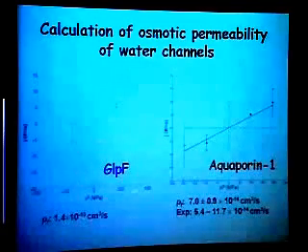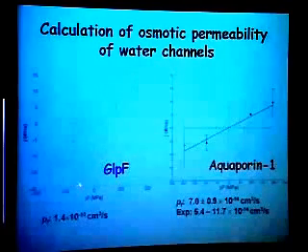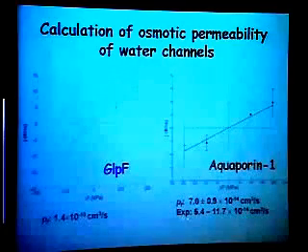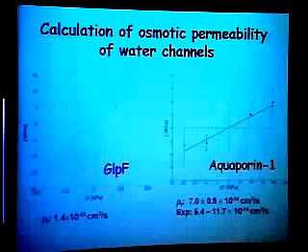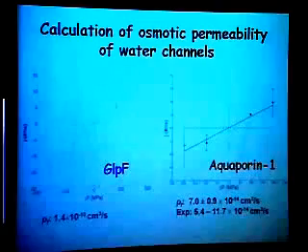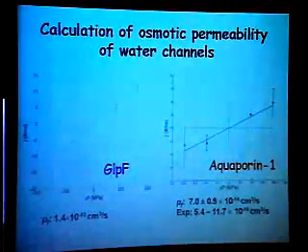We don't have any experimental value for GLPF because it's very difficult to obtain the density of the channel in the membrane. But for aquaporin 1, we have some, and the number that we get from simulation is within the range of numbers reported experimentally. So the system is working, and as we can do longer and slower simulation, we should be able to get much better and better descriptions of the system.